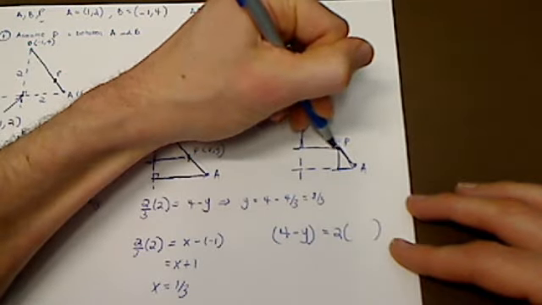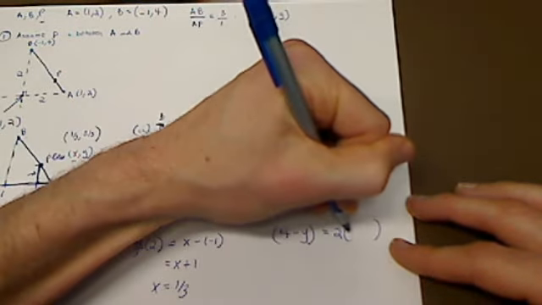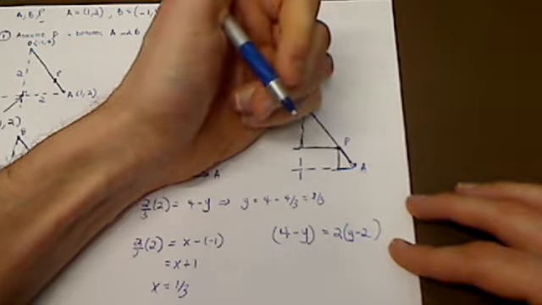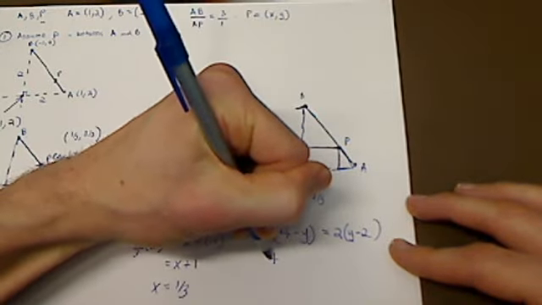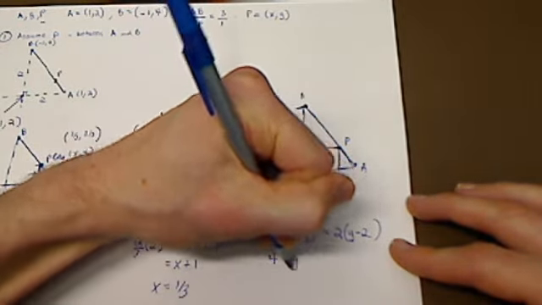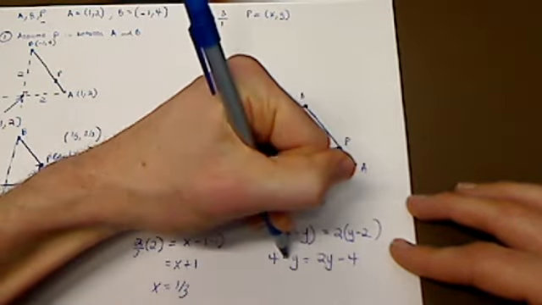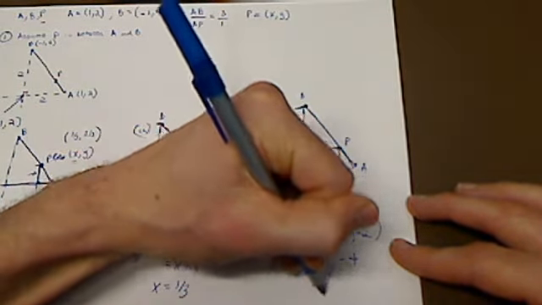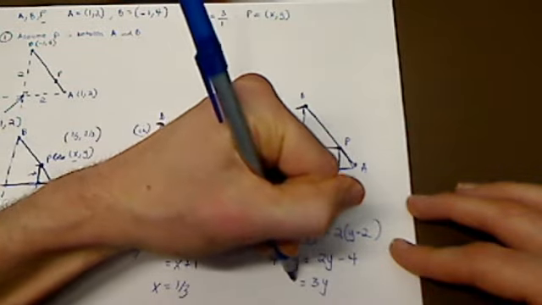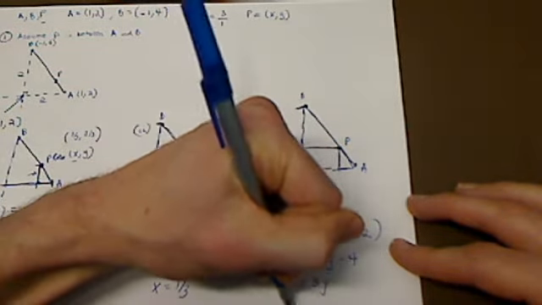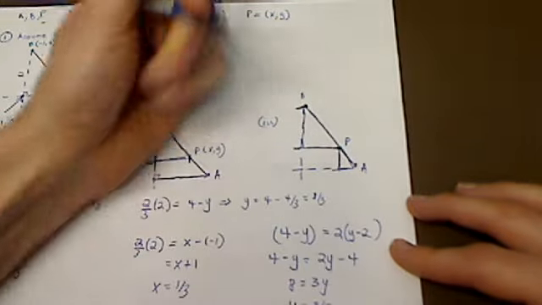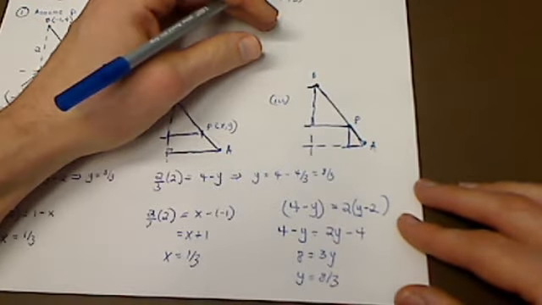And so this would be y minus 2. Now let's expand everything. Okay, we have 4 minus y. We have 2y minus 4. Let me add the y over, so you get 3y. Let me add the 4 over, you get 8, and you see you've recovered y is equal to 8/3.